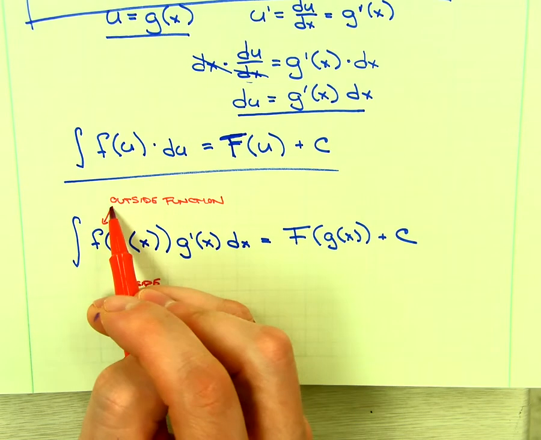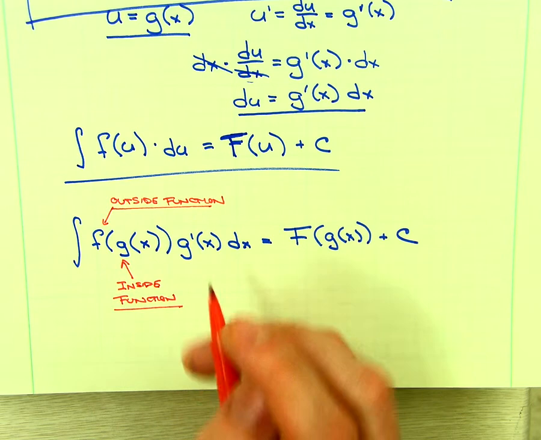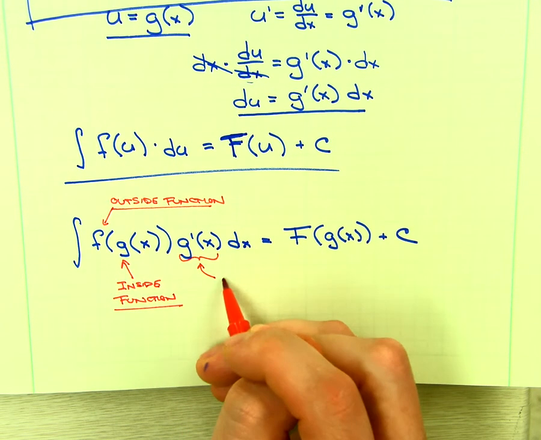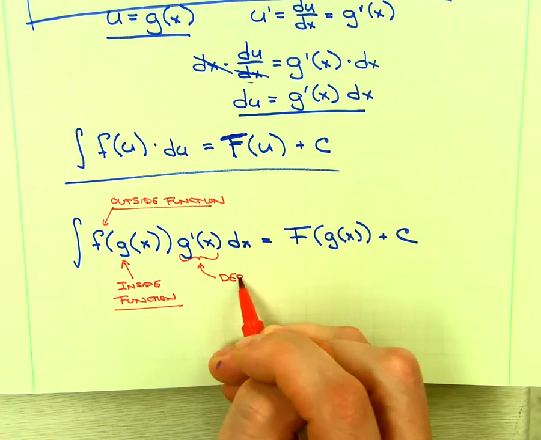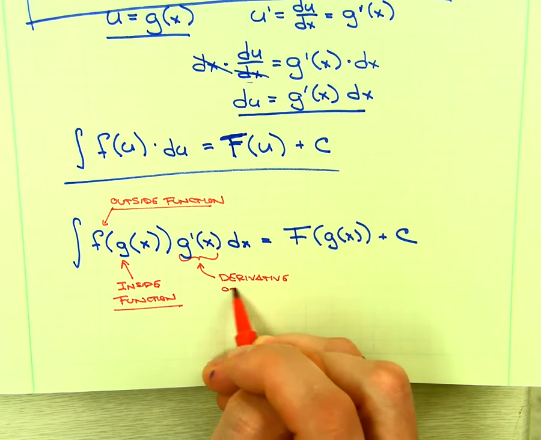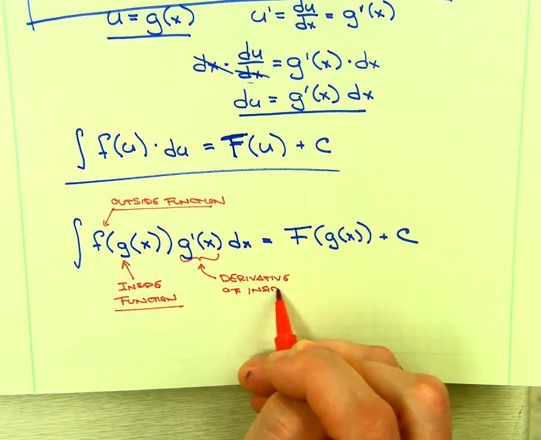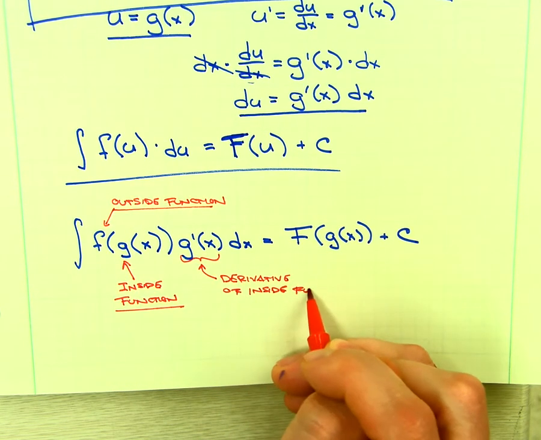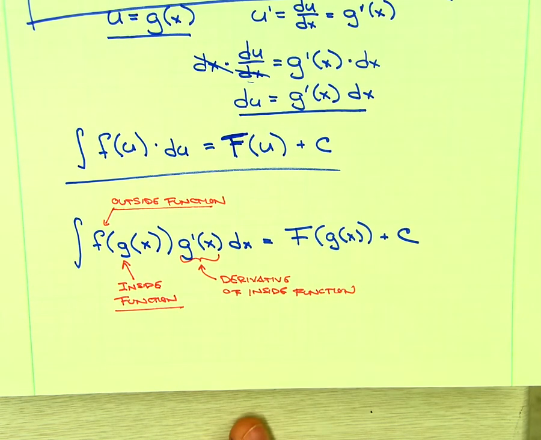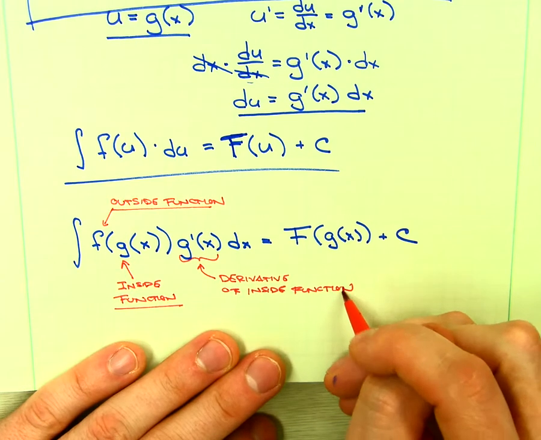So I've got an outside function, an inside function, and here I've got g prime of x, the derivative of my inside function.